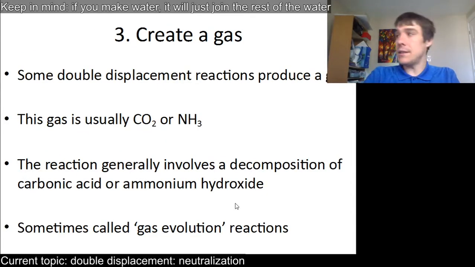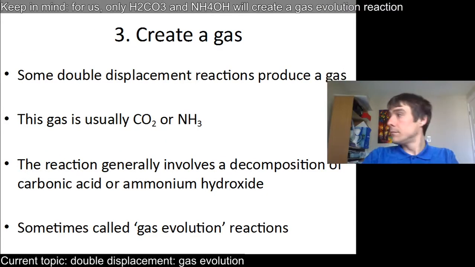Last one here is gas evolution reactions. Gas evolution, it's kind of a cool name. You're creating a gas. Typically the only two we're going to talk about are CO2 and NH3, so CO2 gas or ammonia gas.